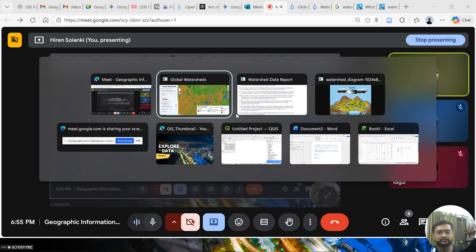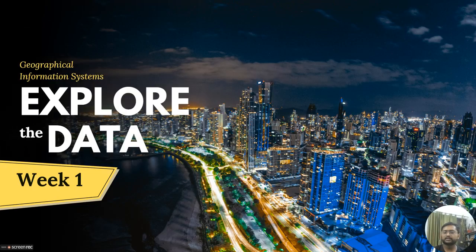Okay, so with that, we have finished our next module where we have explored the data set. And can anyone just summarize what we have gone through in just one or two minutes?